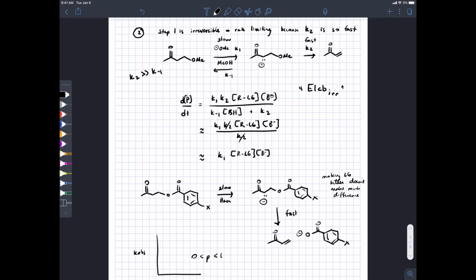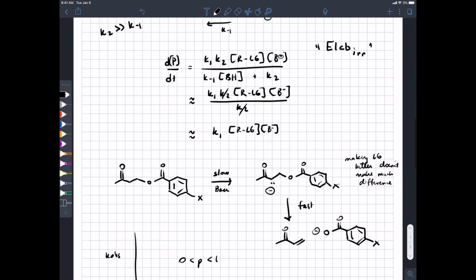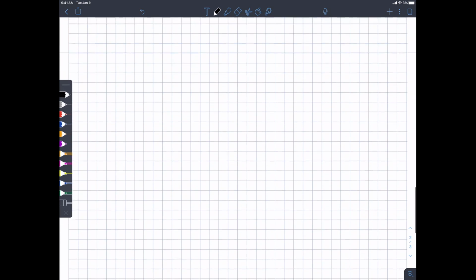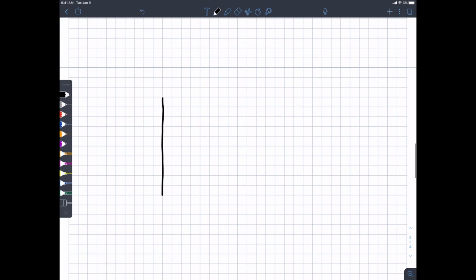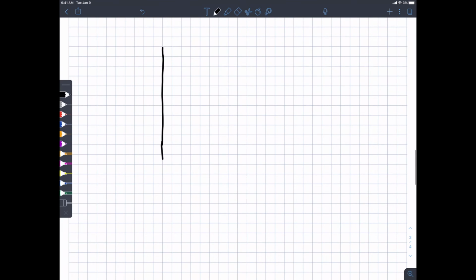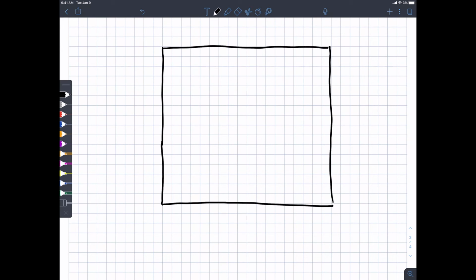All right, so we now have 3 mechanisms that we can consider for elimination reactions. And what we're going to do is make one of those More O'Ferrall-Jencks plots, which we hate, but which can be useful in helping us consider reaction mechanisms.